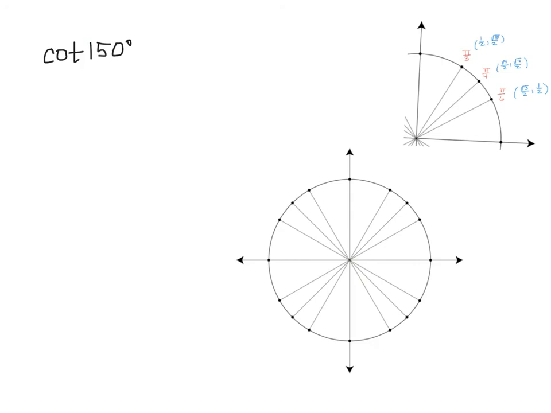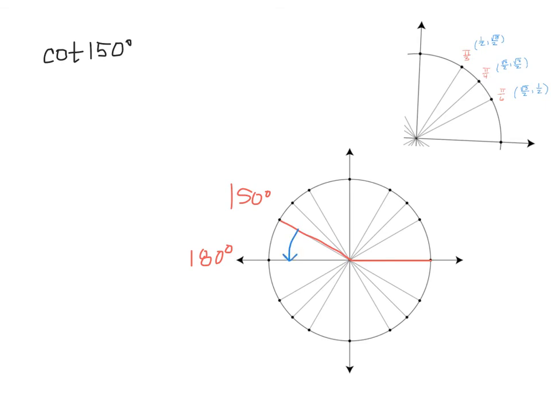So we want to find the cotangent of 150 degrees. So if we find that on the unit circle, we are going to rotate around to 30 less than 180, which is right here. So that's going to take us here. There's our angle, 150. So to find the reference angle, we're going to go from that terminal side to the x-axis.